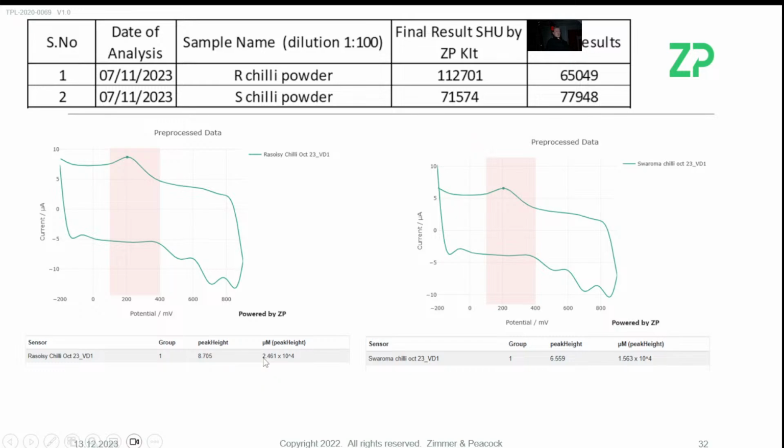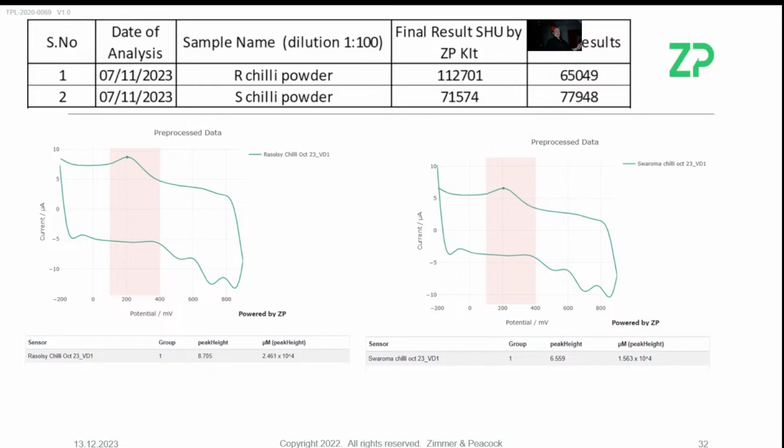I can see the raw signal here. It says 2.41. If I look at the S chilli, the FoodSense says it's 71,000 Scoville Heat Units. If I look at the raw signal, I can see it's actually 1.563. That signal is bigger than that, and that's why that number is bigger than that. So what I'm saying is I have a transparency on this.